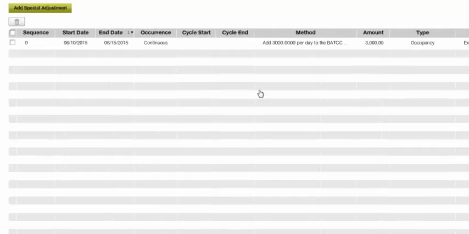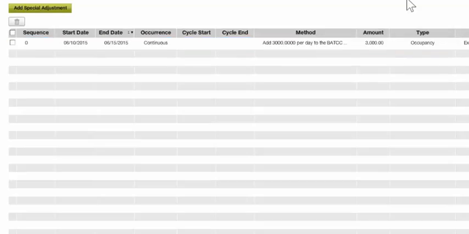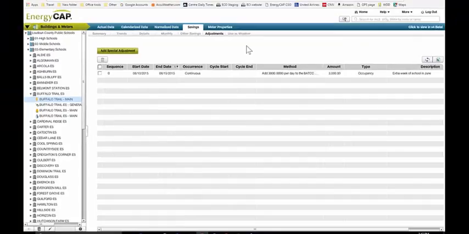So this is forcing extra kilowatt hours into the adjusted baseline. So that's what we do with adjustments. So that's showing that just for these 6 days, we've added 3,000 per day to take that into account. That's a one-time special adjustment. That's just illustrating the way we can add special adjustments to the system.